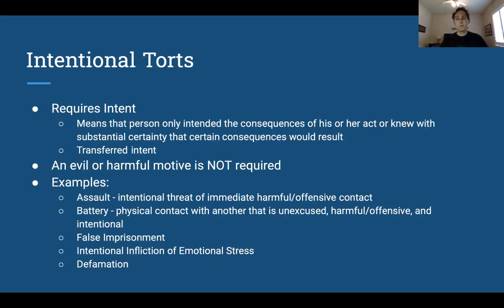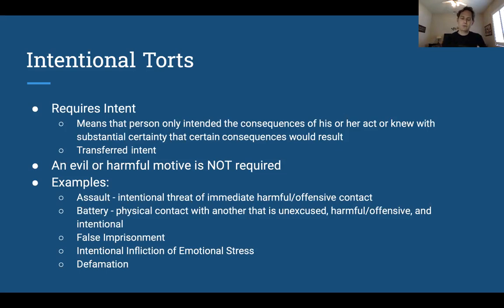Okay, so big picture right now, we're going to focus on two classifications of torts today. The first being intentional torts. That's what we'll start off and spend the majority of our time talking about, and then we'll move into negligence.